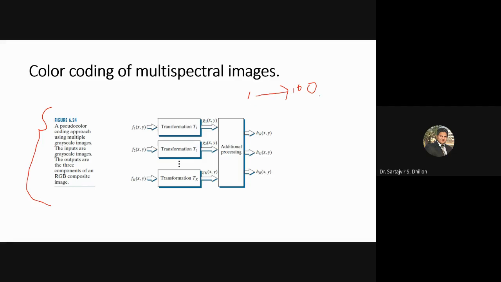You have to put one band into the red, another band into the green, and one band into the blue, and at the end you will see the red, green, and blue planes.